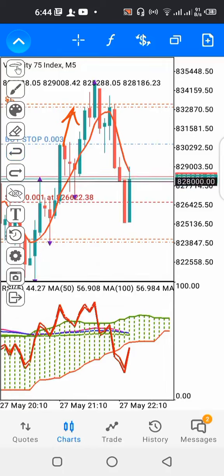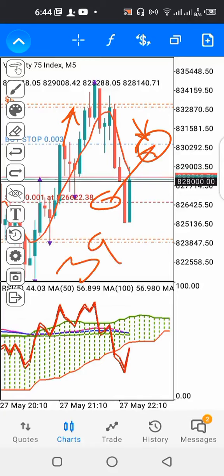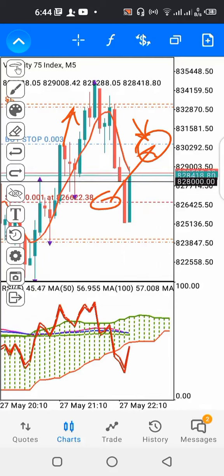And if price triggers my buy stop, the spacing from my sell trade to my buy stop is 3,920.